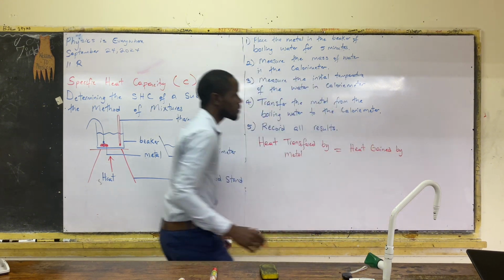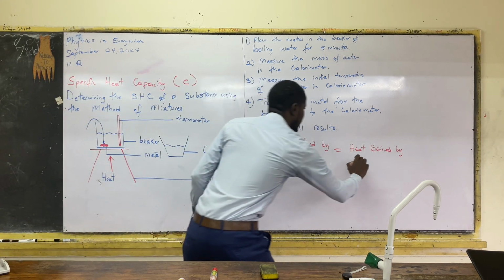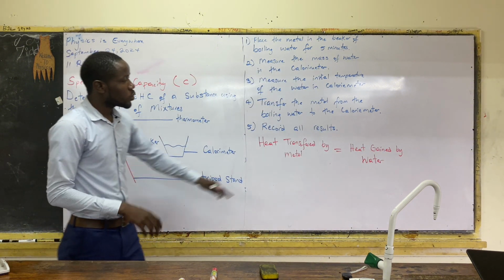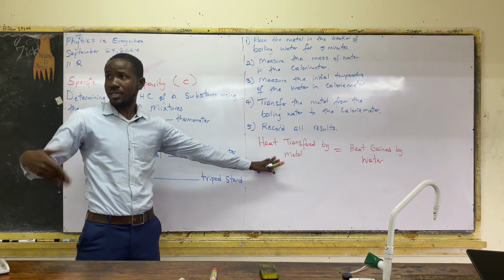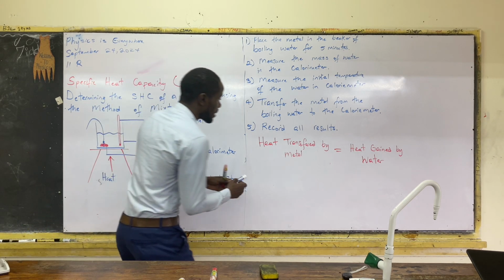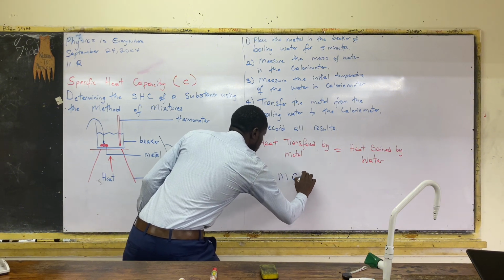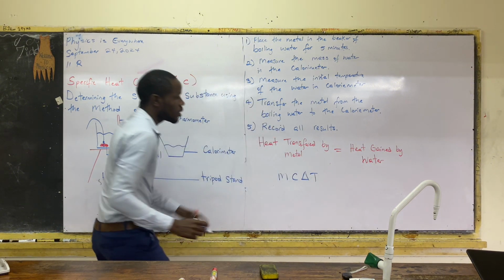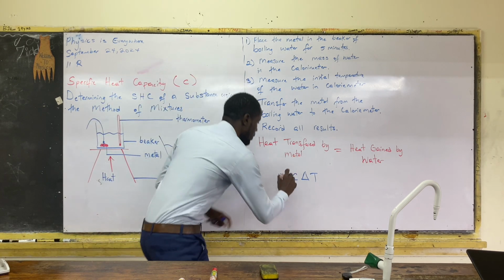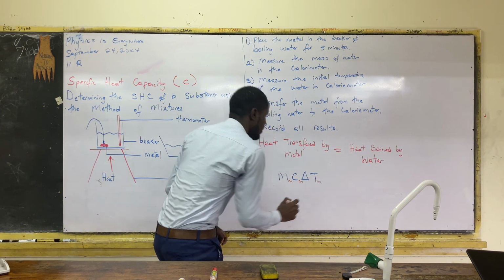Water. So the heat energy associated with the metal losing heat energy, we can calculate by using mcΔT. But we want to be specific to the metal, so we say m for the metal.